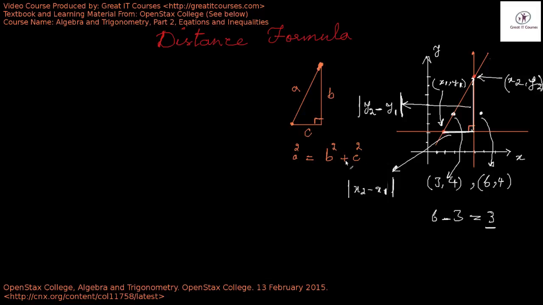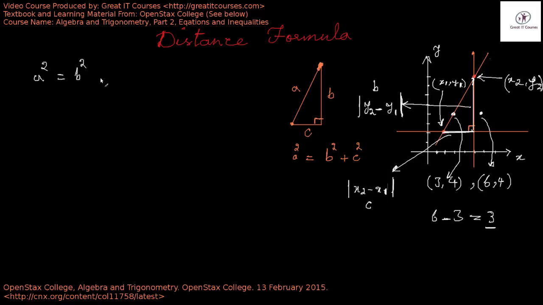Now I have basically the Pythagorean theorem and this formula, and if I want to calculate this length over here, this would be the c side, and this is basically the b side. So now a squared, or this side whole squared, would be b squared plus c squared.